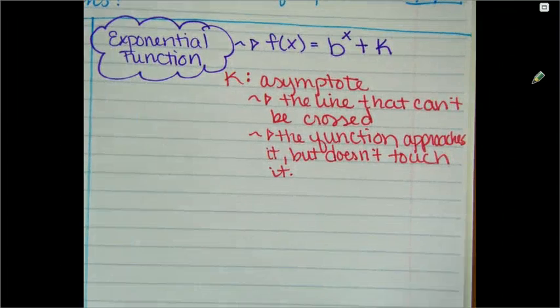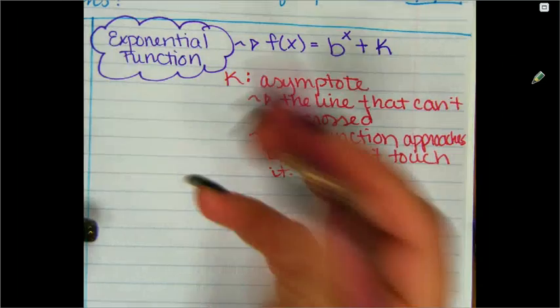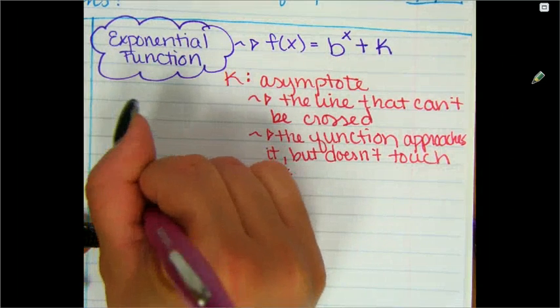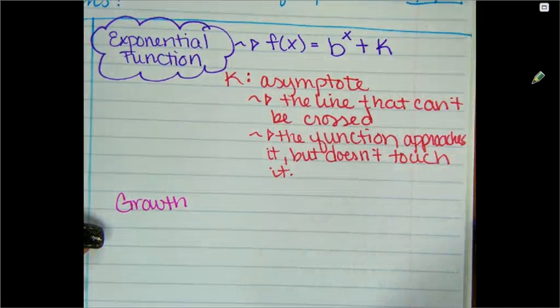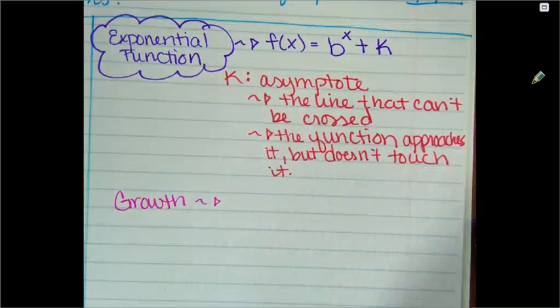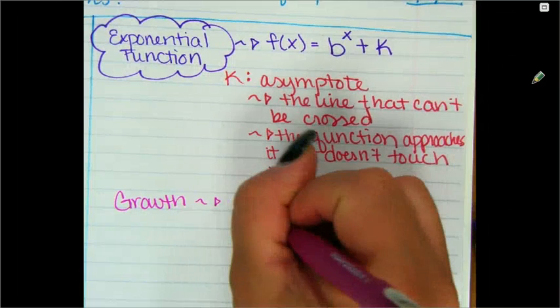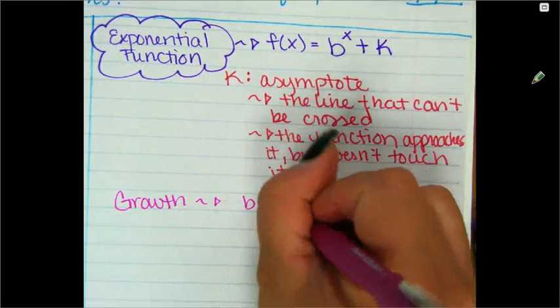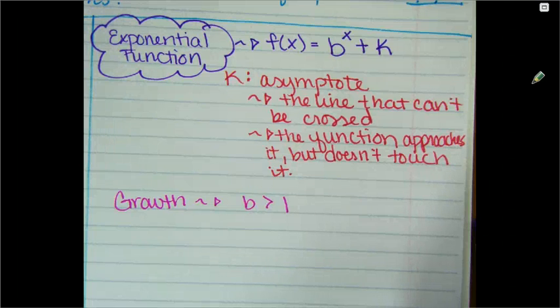Now, you have 2 types of exponential functions. You have what we call growth. Growth is when b is greater than 1. B stands for a number, by the way.